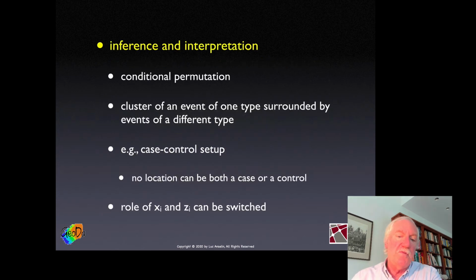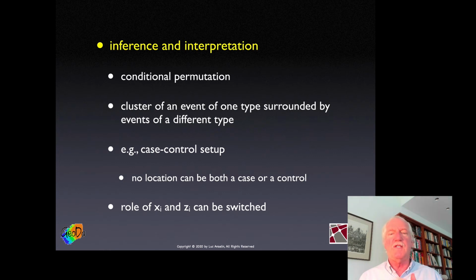The inference is the same as before, but now we have to be a little bit careful in that, just as we did with the multivariate local Geary, we shuffle around the tuple. So we shuffle around the existing pairs of 1s and 0s, or 1s and 1s, or 0s and 0s. Then for each instance where we have a 1 for x, we count the number of z's that are 1 in the surrounding case.